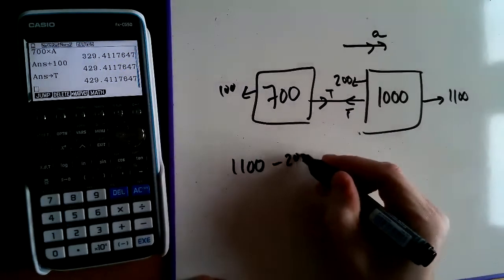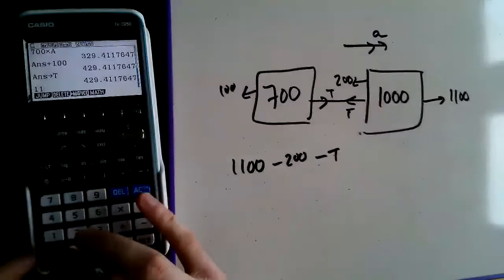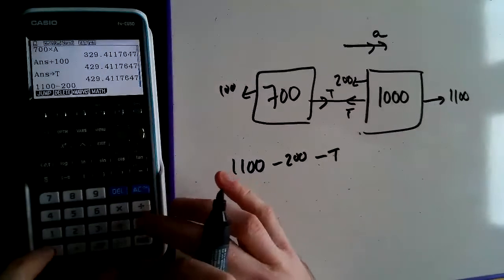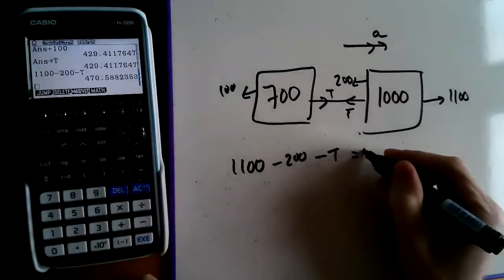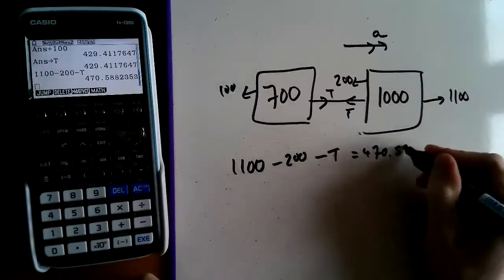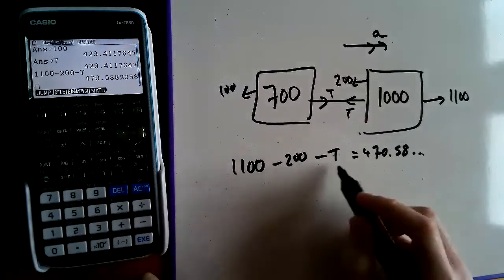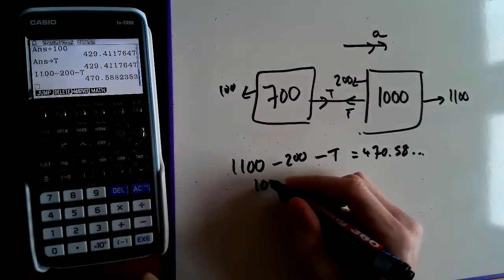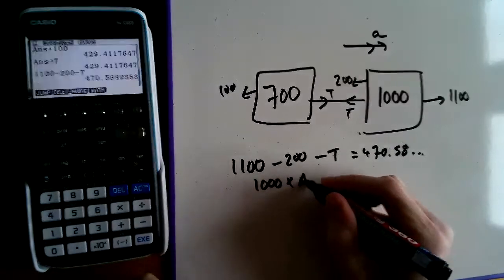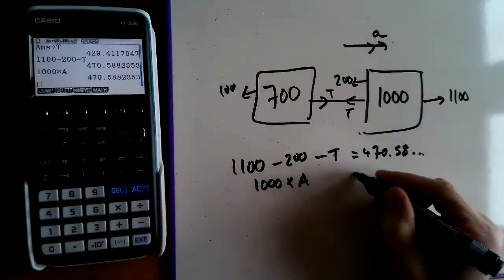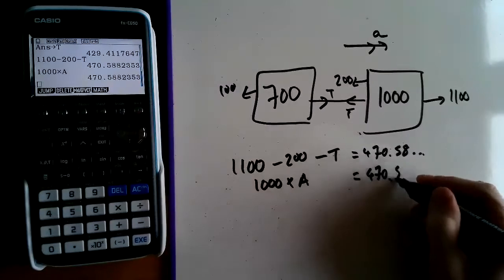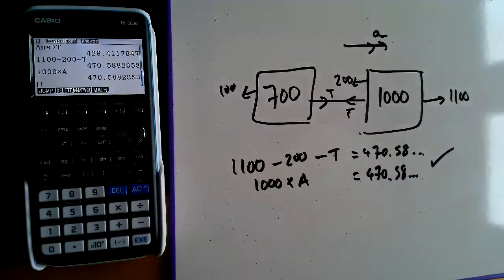Pulling it back, I've got 200 and T. Take away 200, take away T. So I get 470.58, blah, blah. So that's my force, my mass times acceleration. I get the same answer, so therefore my a and my T are correct, and I've got all the marks.